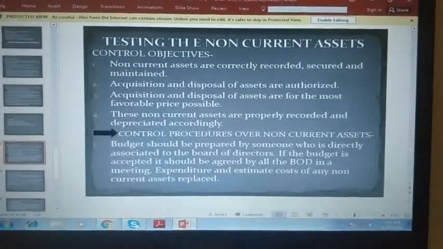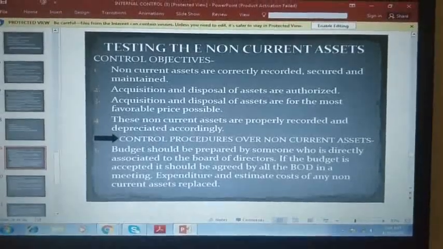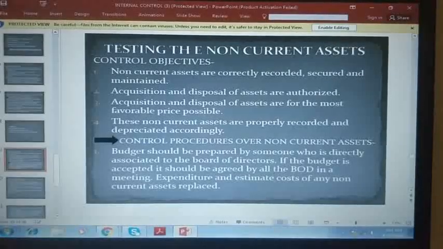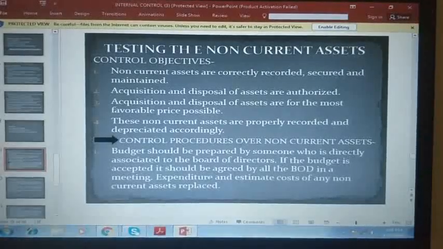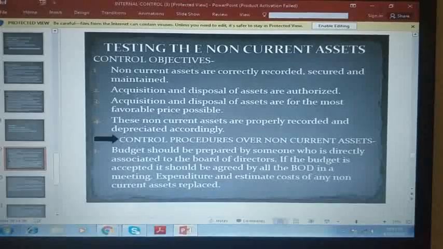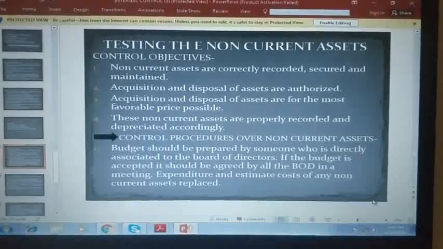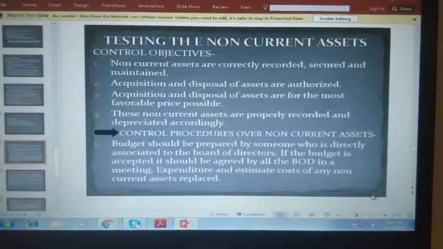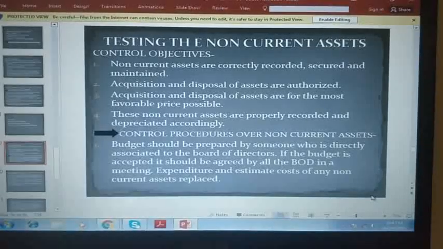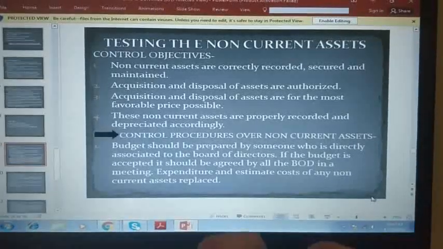So similarly, it is with the company's budget also. Once the top management prepares the budget, the top management has to approve this particular budget. Next, you have expenditure and estimated cost of any non-current assets to be replaced. Okay, in case there are any cost or estimated cost, it has to be replaced.